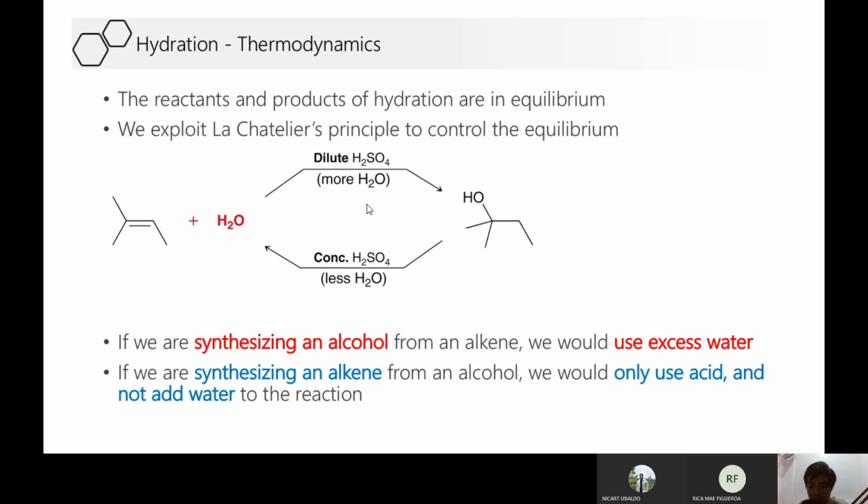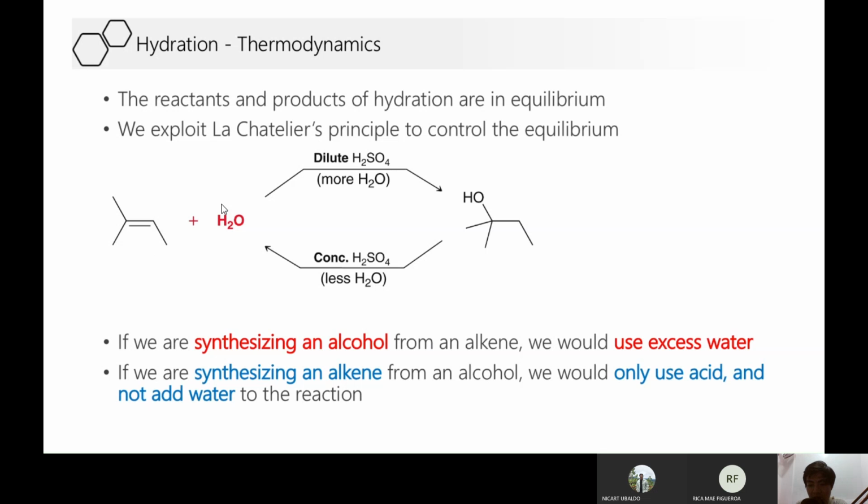However, if you use concentrated acid such as concentrated sulfuric acid, what happens? This OH will be removed. Since there is little water, the acid will pull this OH to make more water. As a result, our molecule becomes like this. It undergoes an elimination reaction.